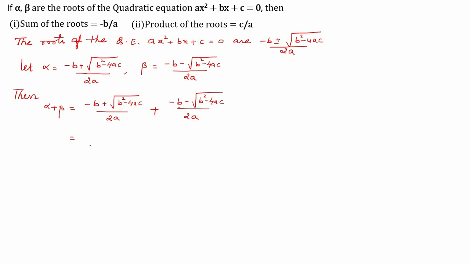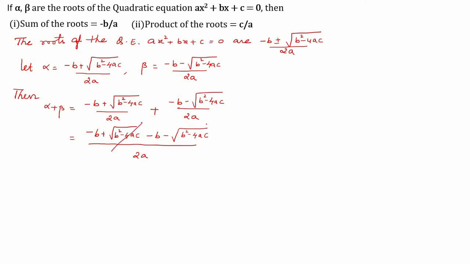The denominator is common, so 2a will be the LCM of these denominators. We can straight away add the numerators. So minus b plus root b square minus 4ac and minus b minus root b square minus 4ac, both numerators we are adding.